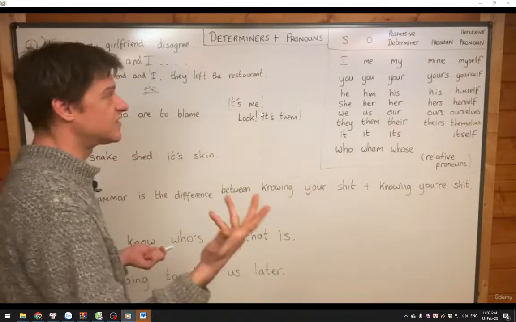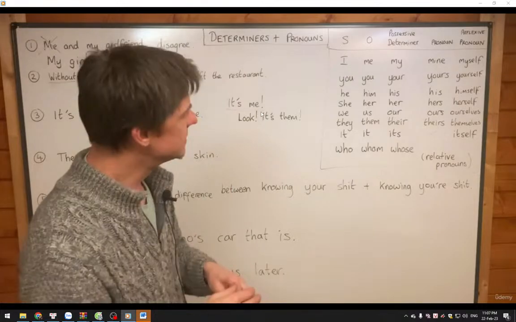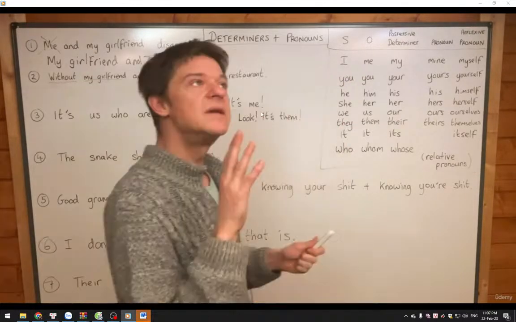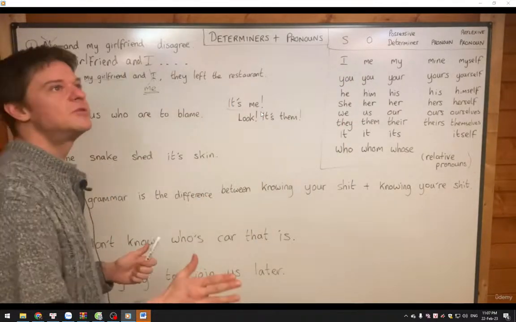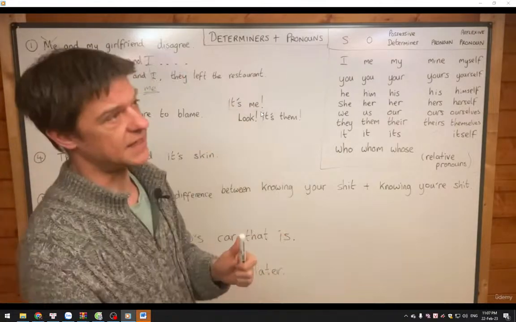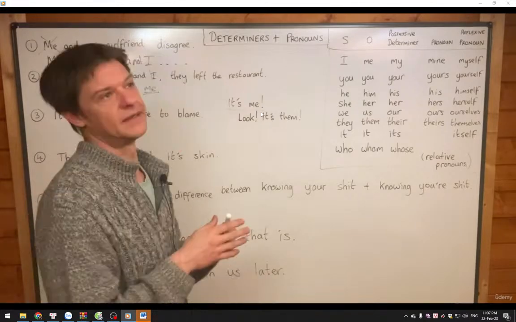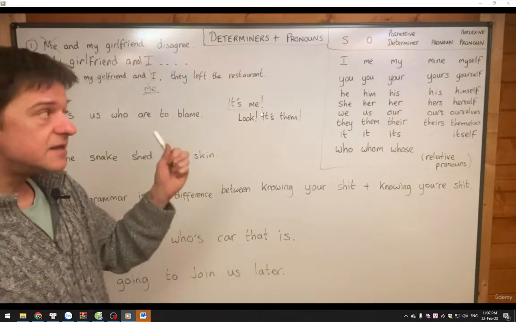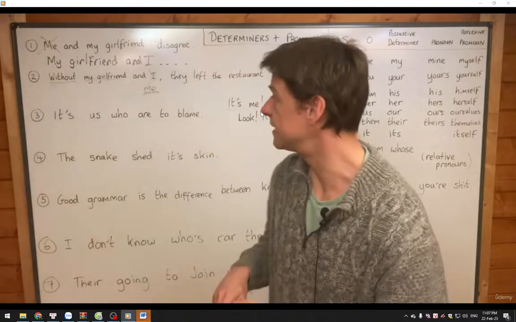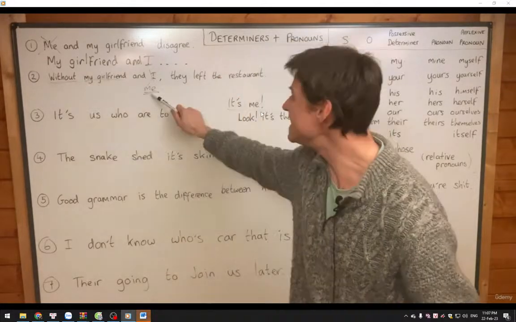Me is the object of kicked, the one who was kicked. It might also be an object of a preposition: without me, with me, on me. "He stood on me," something like that. Then it's the object of a preposition. And so certainly it still must be "without my girlfriend and me."